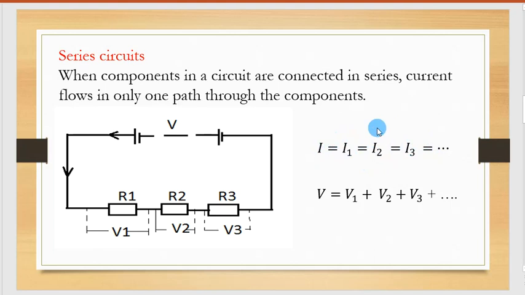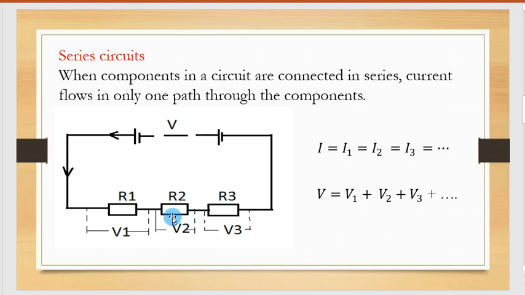Now, when it comes to the potential difference across these three resistors, or many components connected in series, when we were talking about the definition of electromotive force and potential difference, we said one of the ways we can define electromotive force is that it is the sum of all the potential differences in a circuit.